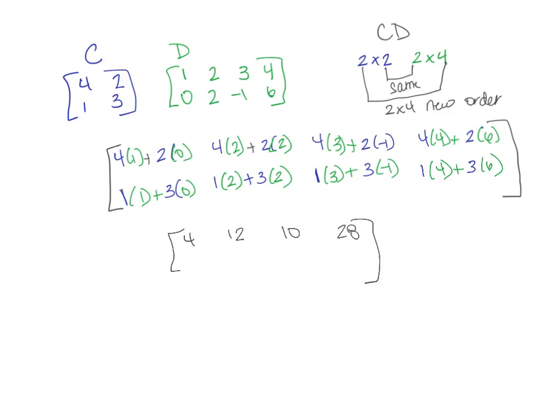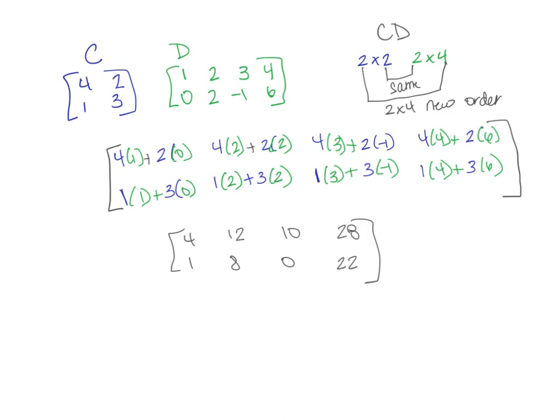So that fulfills my first row. In my second row, 1 plus 0 is 1. 2 plus 6 is 8. 3 plus a -3 is going to give me 0. And 4 plus 18 is going to give me 22.